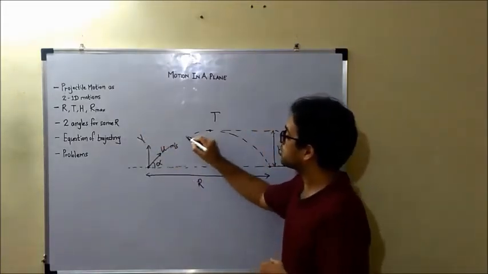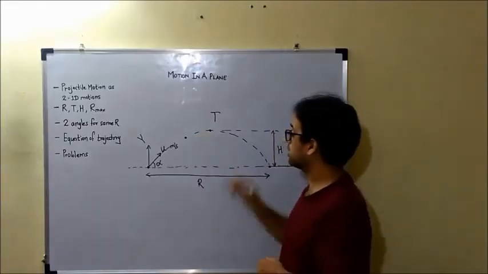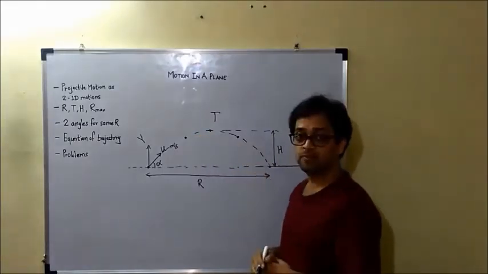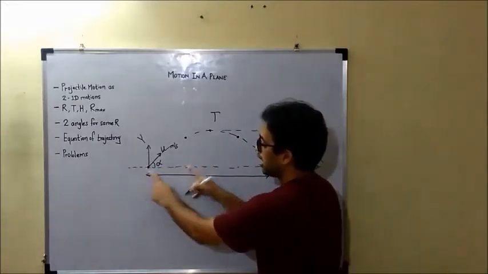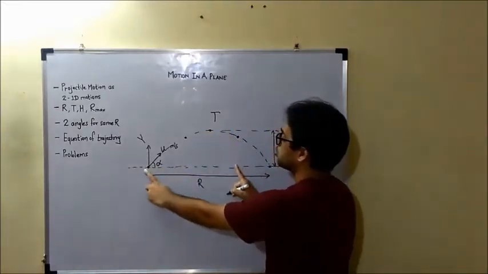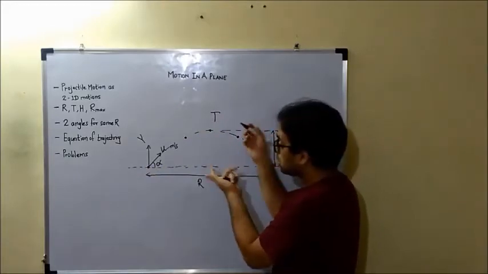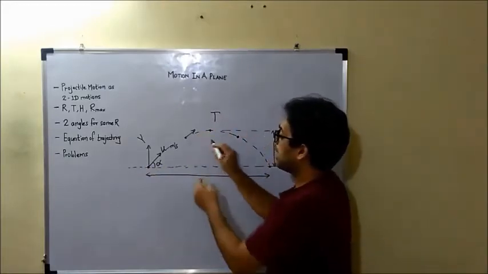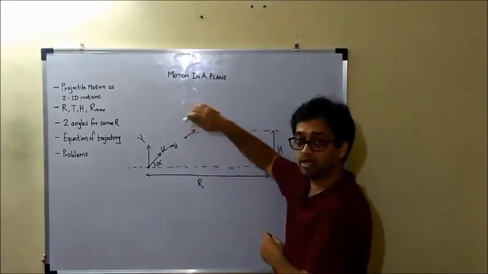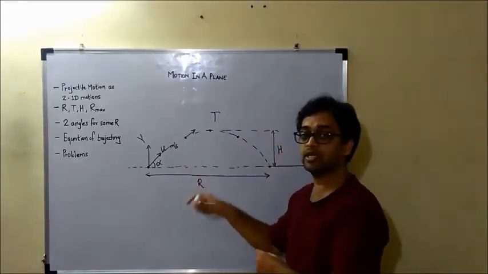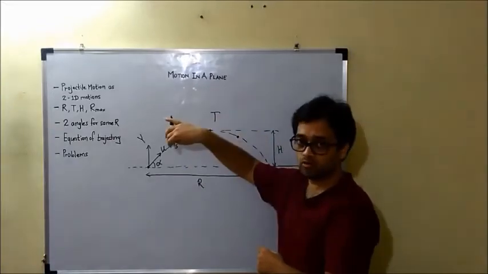Picture your ball at any point of time. It has an x position and it has a y position. Also, its velocity will have a certain x component and a certain y component. That is, all the motion that is happening is either in the x direction or in the y direction.